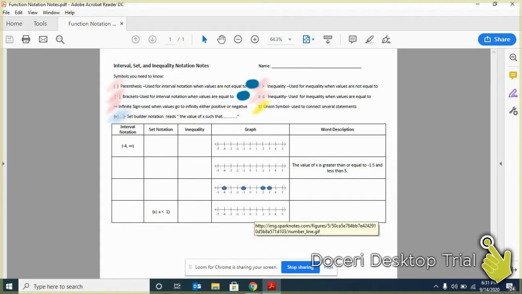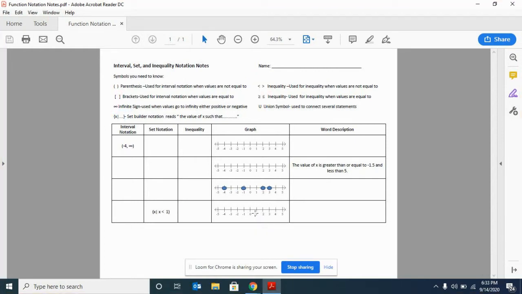Basically the way that reads is it's the value of x such that. So the words such that is this line right there. Okay. So I'm going to show you how to write these, and then we'll go from that point.